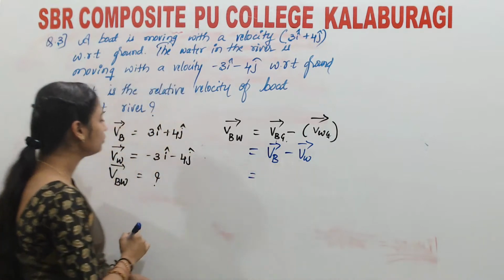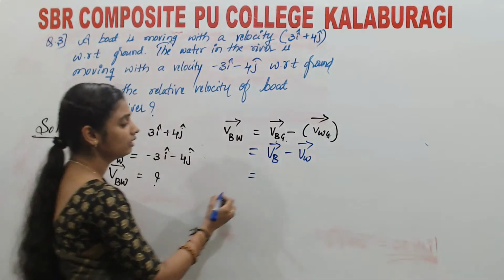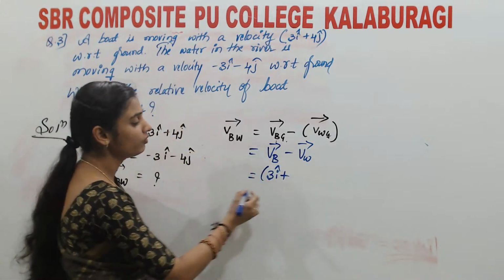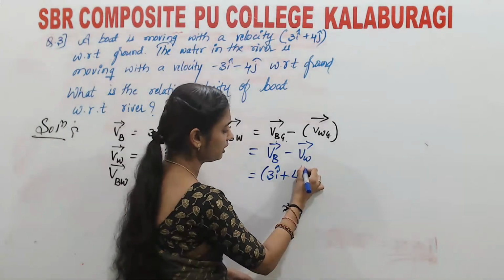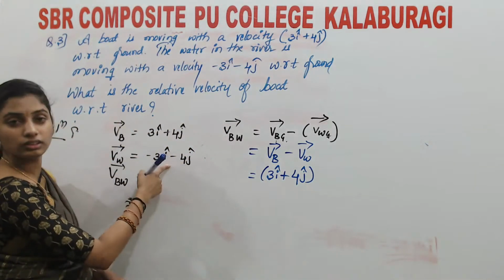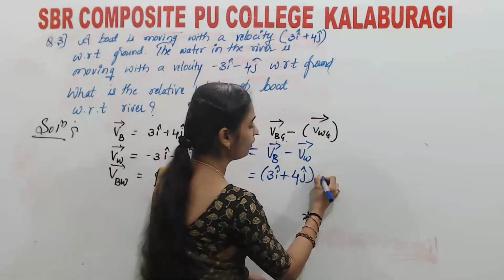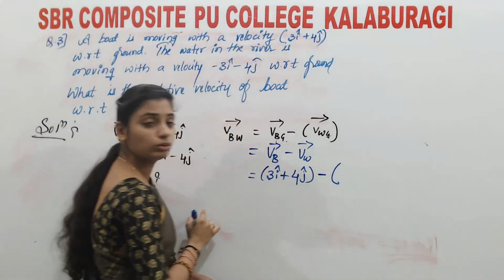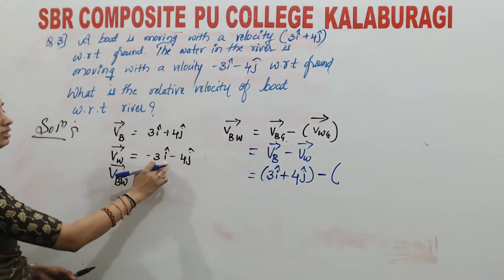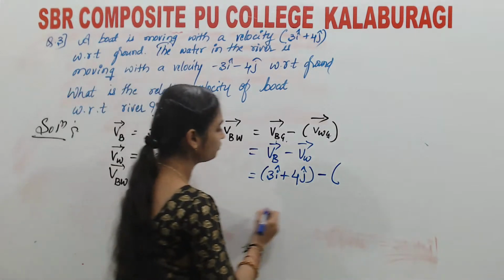So what is the value of VB? VB is nothing but 3i cap plus 4j cap. Now minus the velocity of water. Velocity of water with respect to ground is minus 3i cap minus 4j cap.